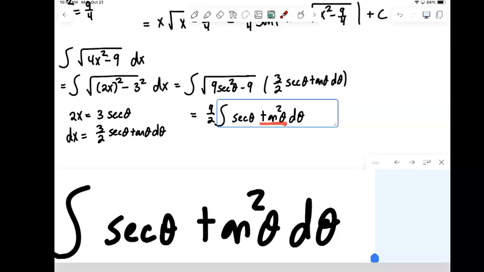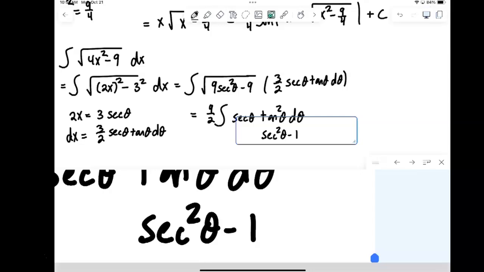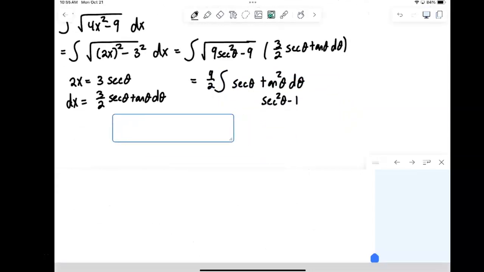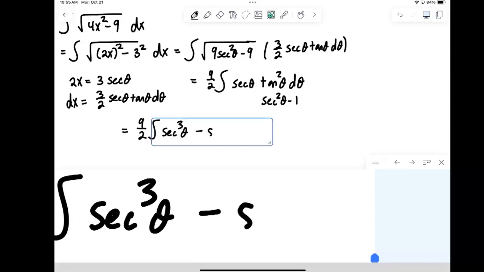For tangent substitution, I need a secant squared. So all I can do here is transform the tangent squared into secant squared theta minus 1. And that would make my integral be 9/2 times the integral of secant cubed theta minus secant theta d theta.